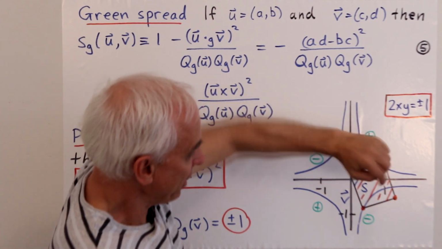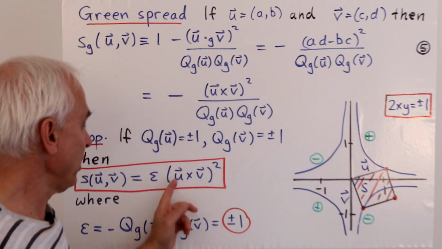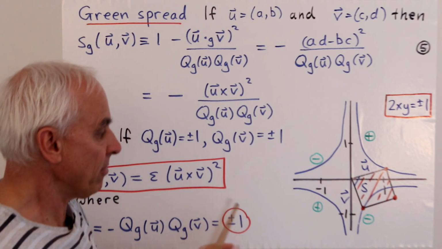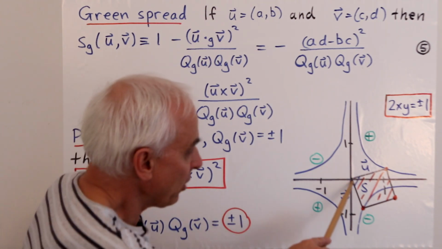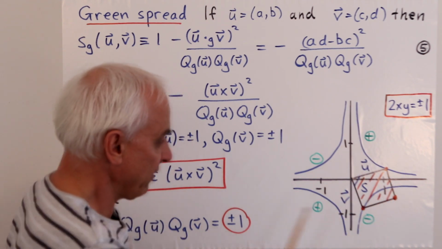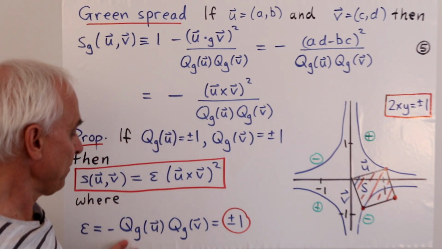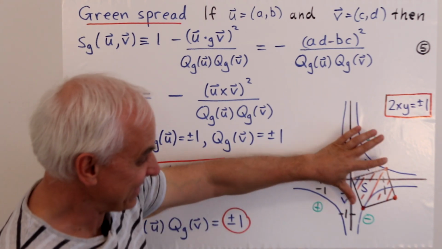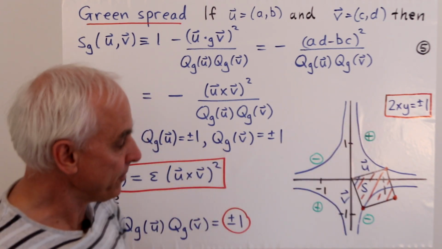And we take its area, and that area squared will be essentially the spread, but perhaps times -1. So in this case here, we have one of them being on the plus hyperbola and the other one being on the negative hyperbola. So in this case here, this quantity will be +1. And in fact, then the spread will be exactly the square of the area.